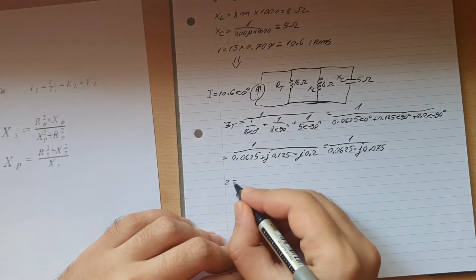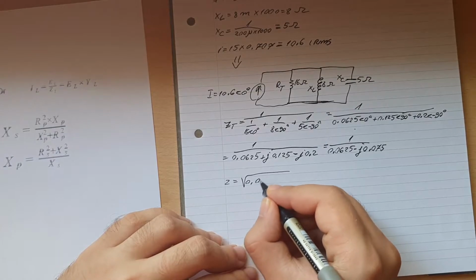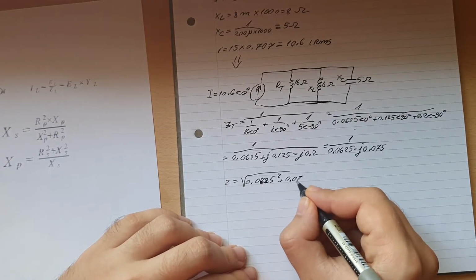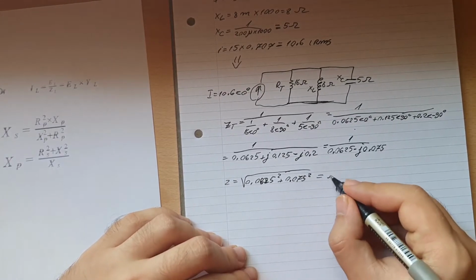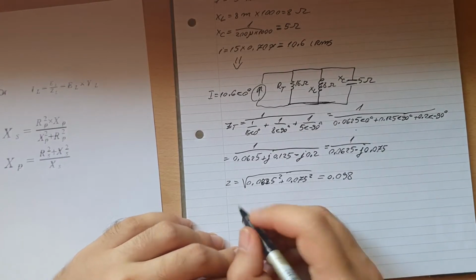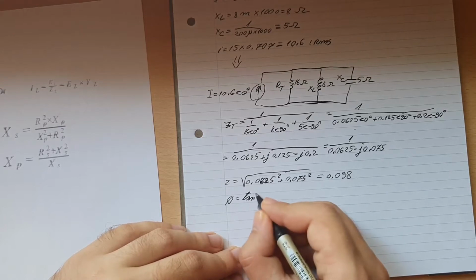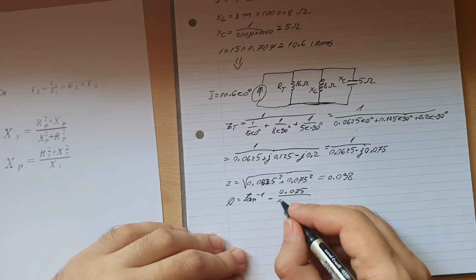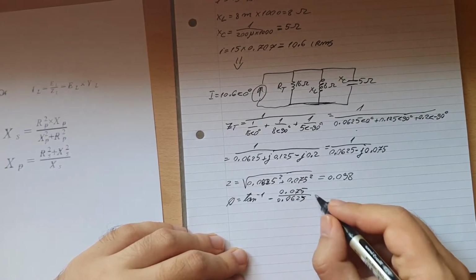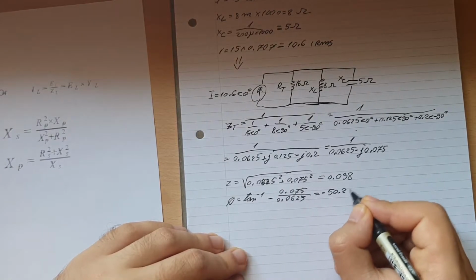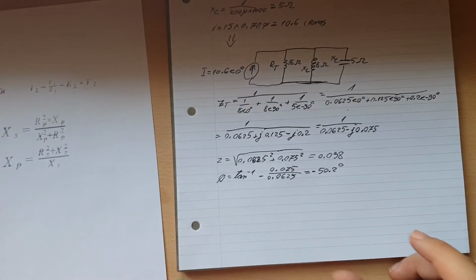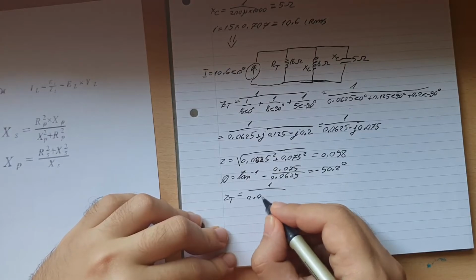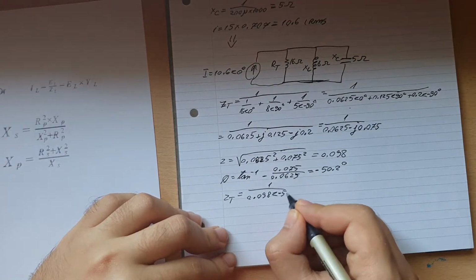So Z will be equal to the square root of 0.0625 squared plus 0.075 squared, which is equal to 0.098. Then the angle will be equal to tan inverse of minus 0.075 over 0.0625, which is equal to minus 50.2 degrees. Alright, so now we have this polar form. So ZT will be equal to 1 over 0.098, at an angle of minus 50.2.